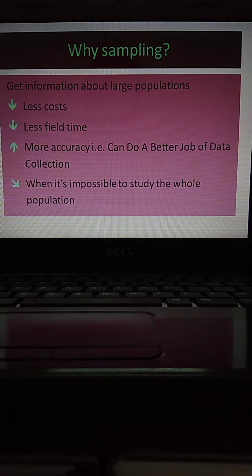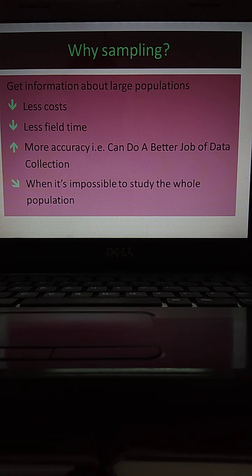Whereas through sampling, from the entire population you just pick a small part, conduct all the research on it, and generalize that information to the entire population. So you are saving, and less expenditure would be there. That is the first purpose for going for sampling.